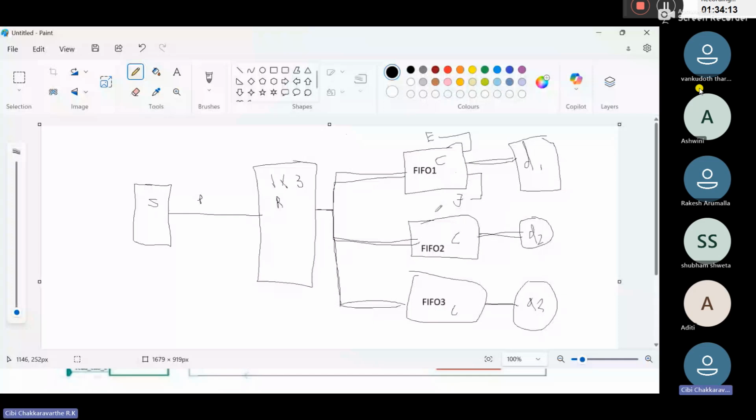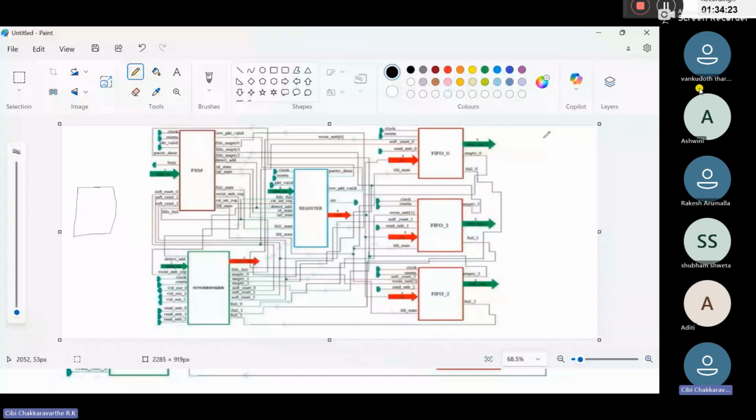Now come here. We have a source, and here we have three destinations. Our source has data, only one data. That one data will be shared to this FSM, to the synchronizer, and to this register.